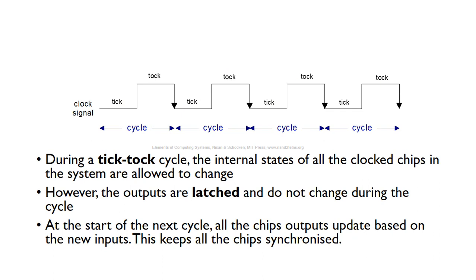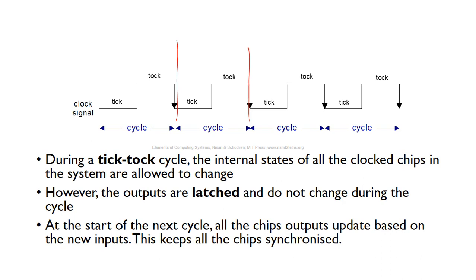During this tick-tock cycle, at any point within a cycle, the internal states of all the clocked chips can change, so inputs can change and so on, but nothing will actually update. The outputs are latched.